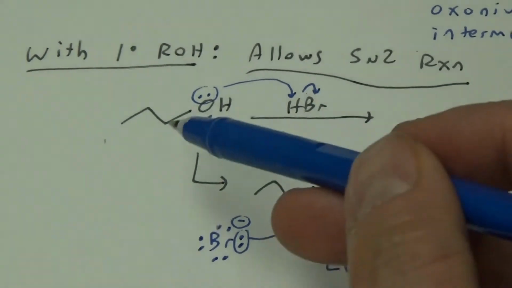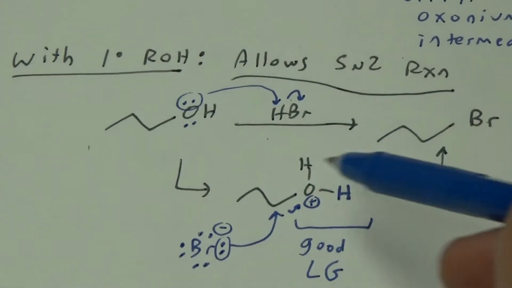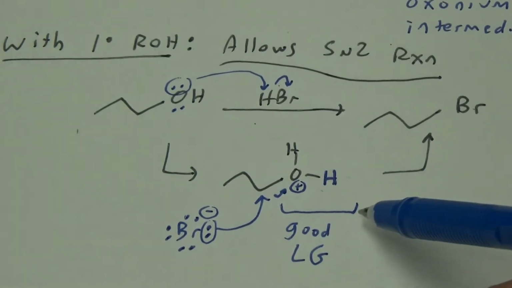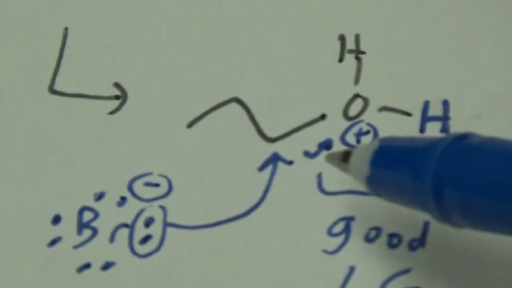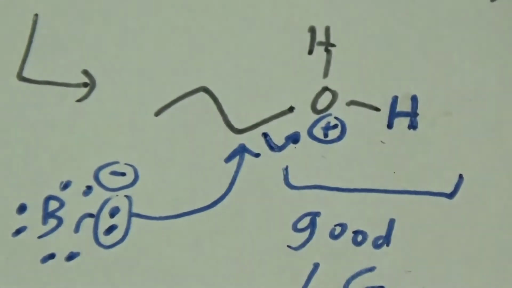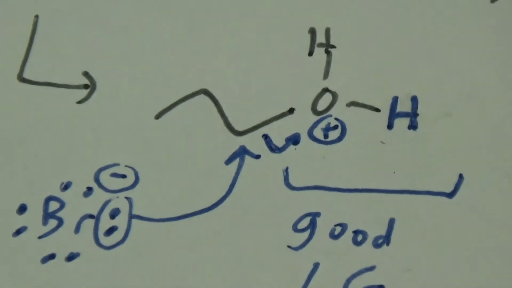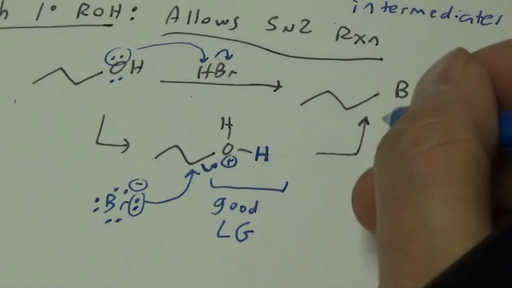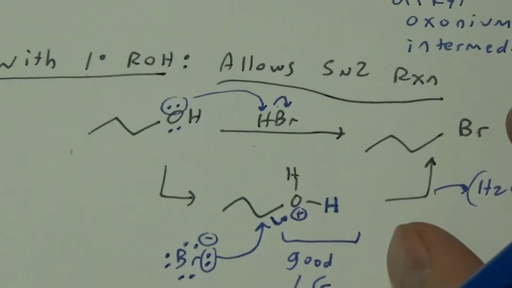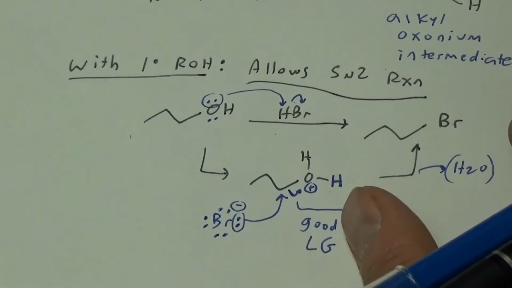So with a primary alcohol, we can actually convert the alcohol to a Br by SN2 reaction. So that's the second one, a little arrow. You can see that, right? That's from the bond. And it breaks off water. Water's the byproduct. Okay, cool.